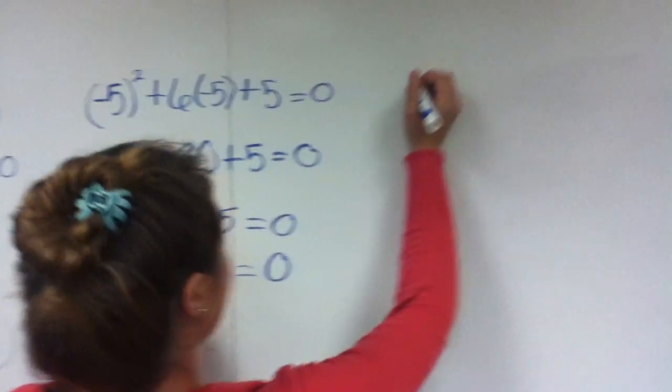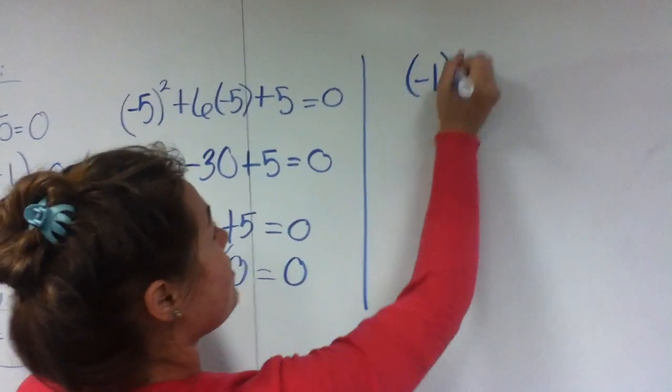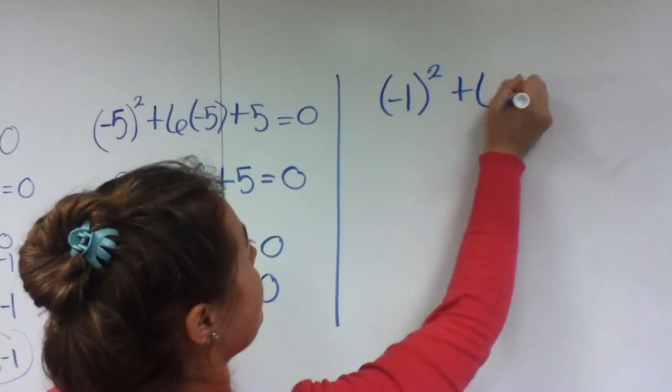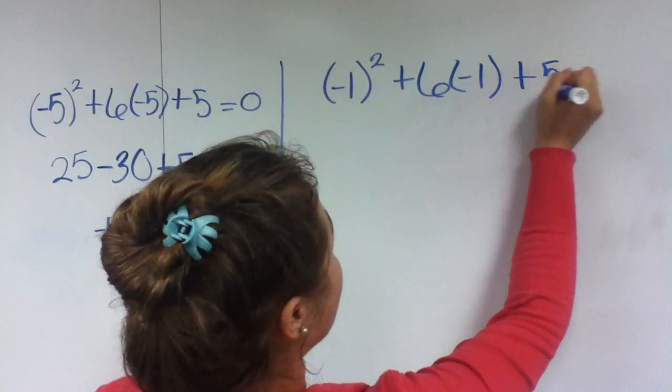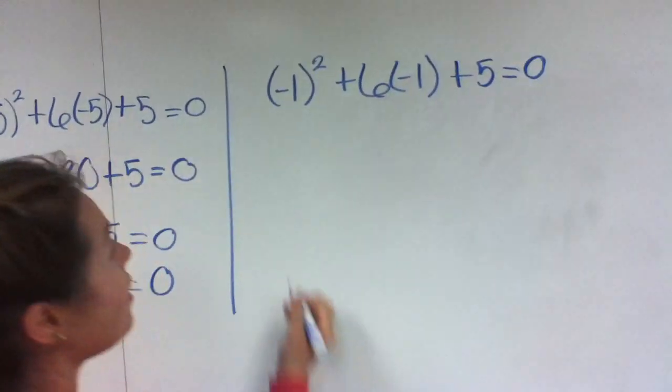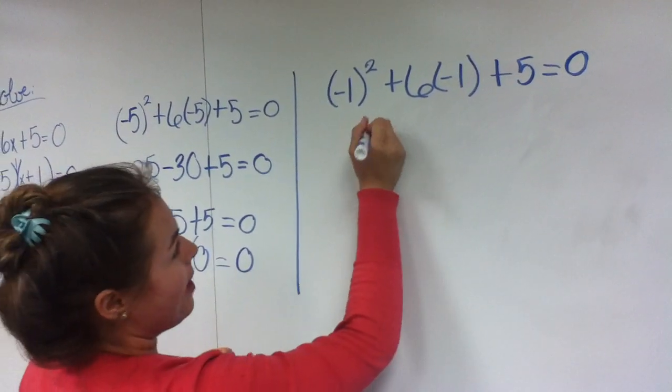Wherever there's an x, we have negative 1 squared plus 6 times negative 1 plus 5 equals 0. Negative 1 times negative 1, because it's negative 1 squared, gives you a positive 1.